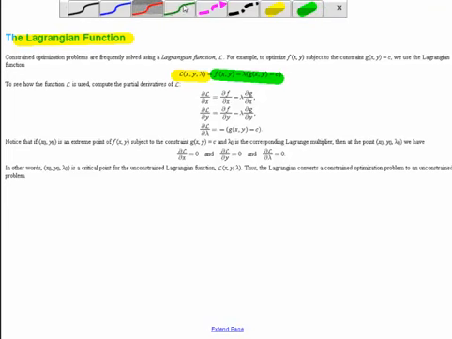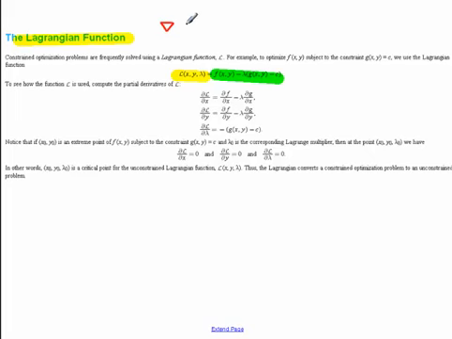And before we get into it, let's just make sure that we understand some things. The gradient function of f of x,y equals f_x i plus f_y j.